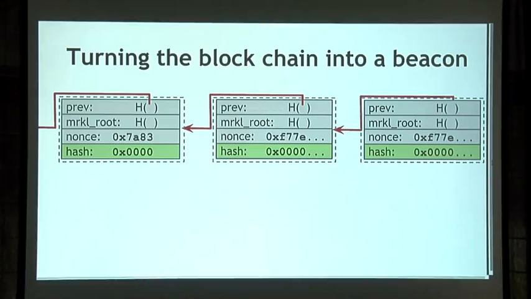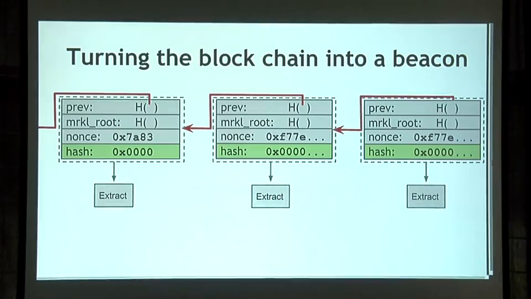We simply take every block in the chain, take the entire value of the block header, and run it through an extractor function. And an extractor function, without going into all the details here, is sort of like a hash function and is designed to squeeze all of the random data out into one uniformly random string. And that will give us a nice randomness beacon. And every time a block is published in Bitcoin, we have new output from the beacon.